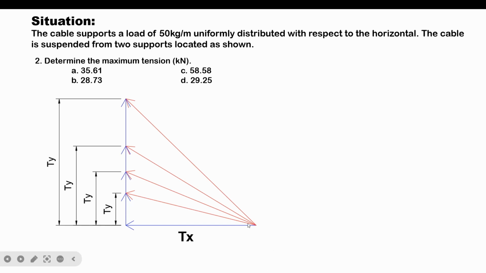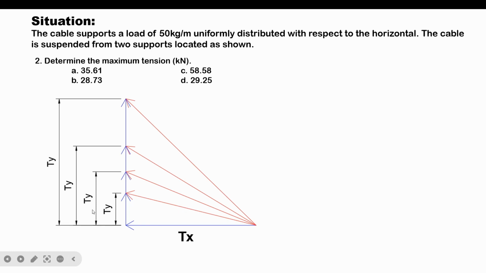Hence, the horizontal component here, denoted as Tx, is the same for all these red lines here. The only difference would be the vertical component of these tensions. And if you investigate this diagram, as the vertical component of the tension gets bigger and bigger, the resultant tension proportionately gets bigger and bigger also.